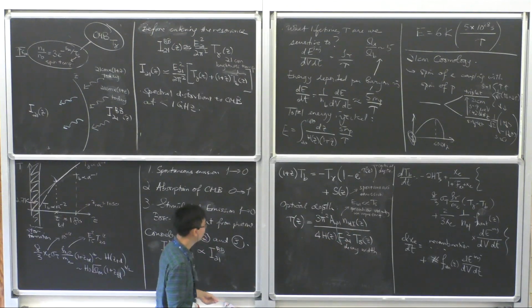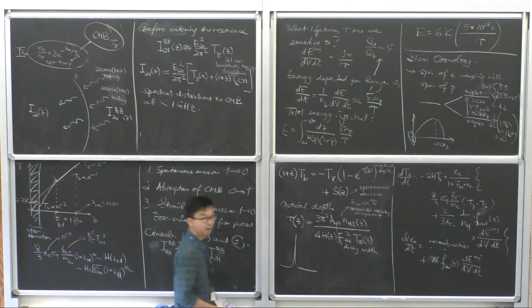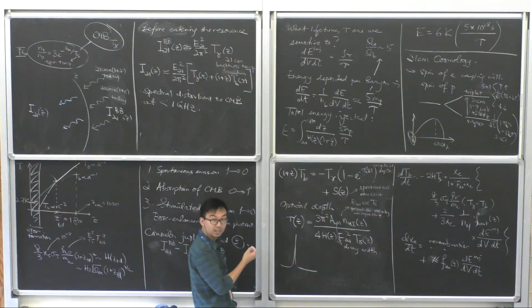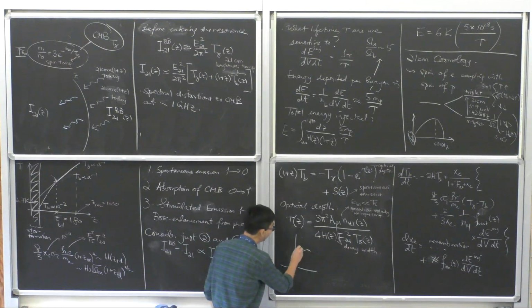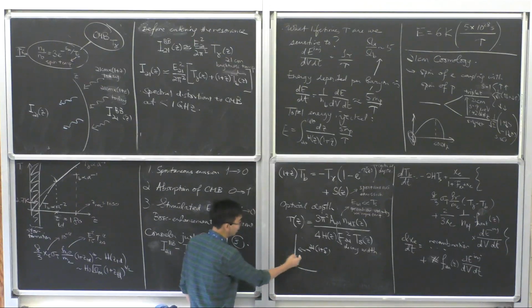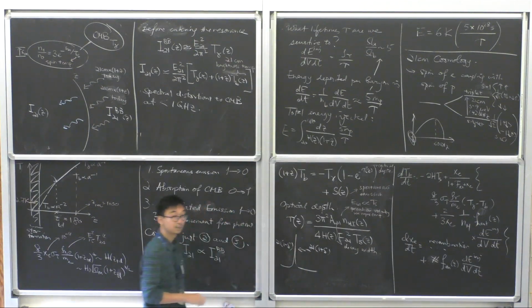And then the way that you should think about it is that there is a narrow resonance, and the photons that are coming in will come in at just above 1 plus delta times the line frequency, and then come out at 1 minus delta.